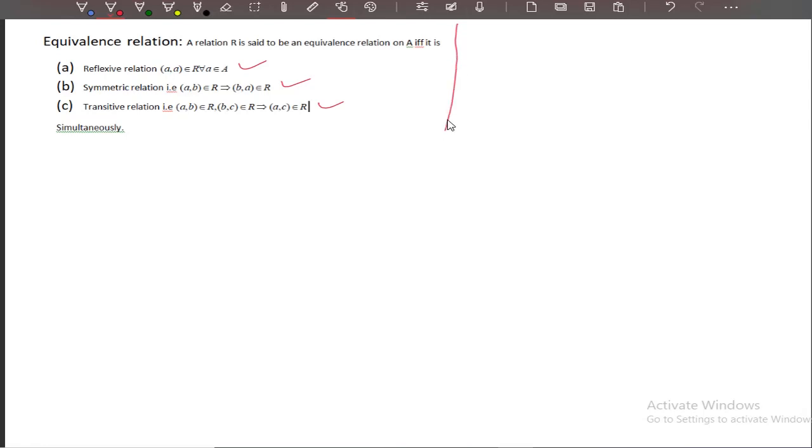Let us take one example. Let L1 and L2 be two straight lines.